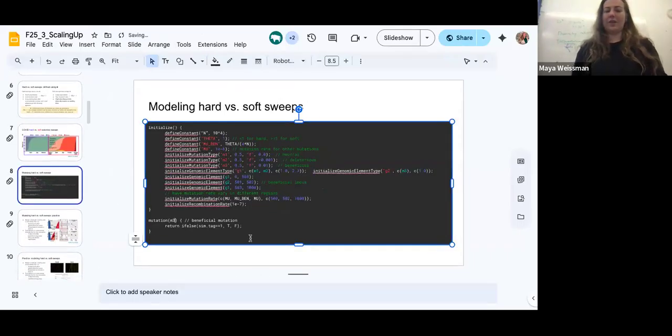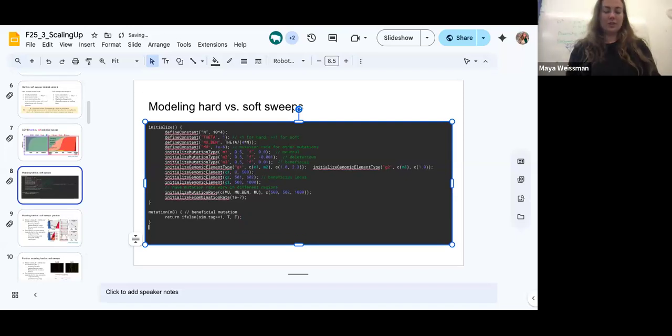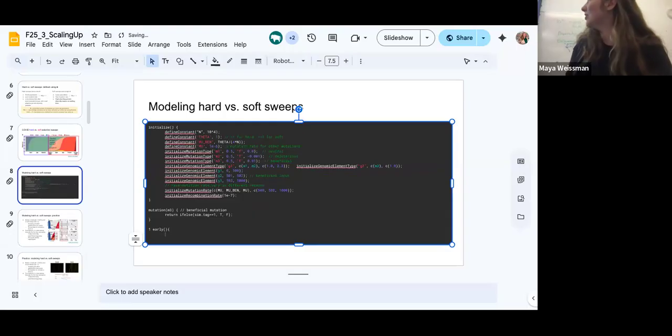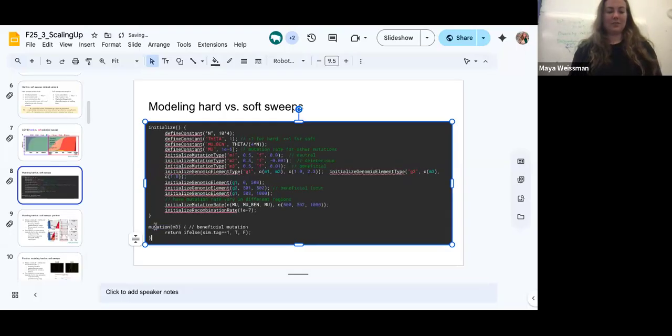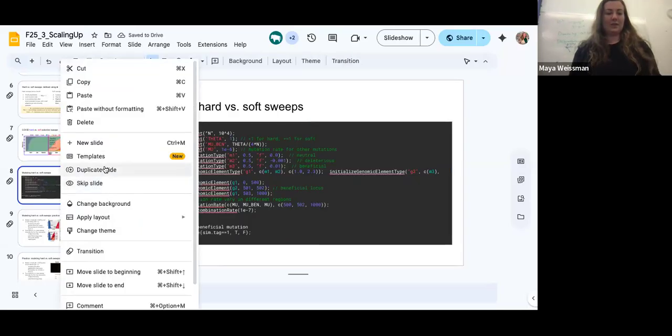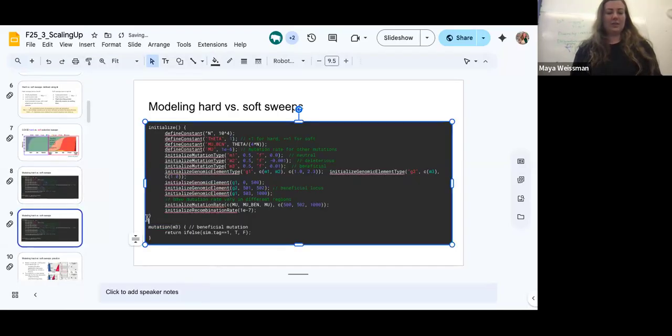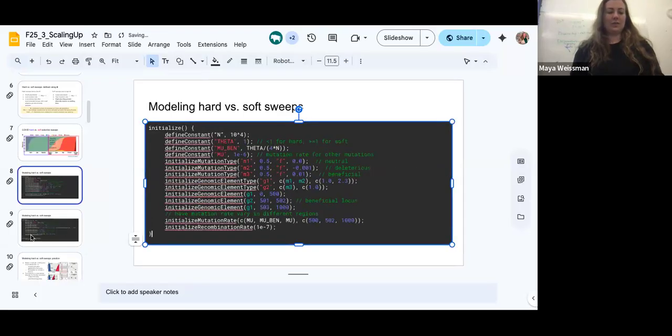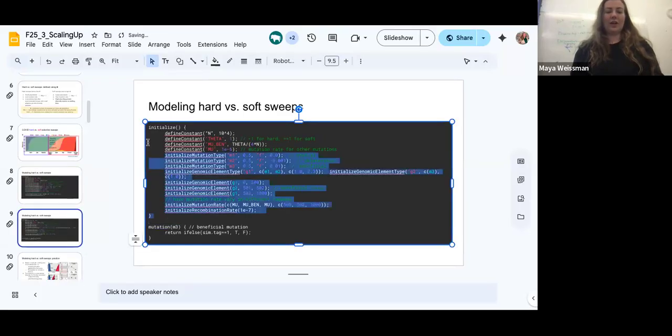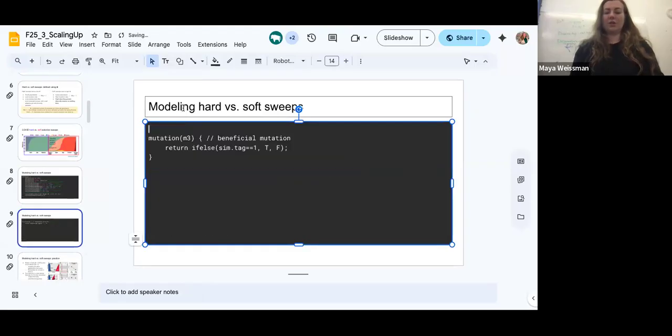So in this case, it would be something like this. Then I would go 1 early. After initialize, you might say something like mutation.